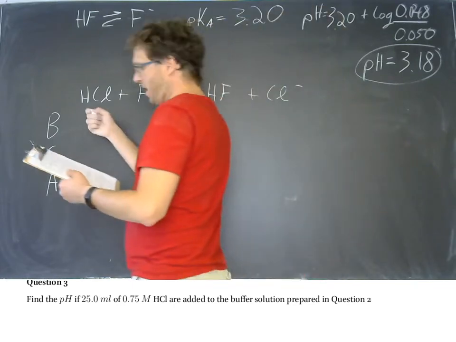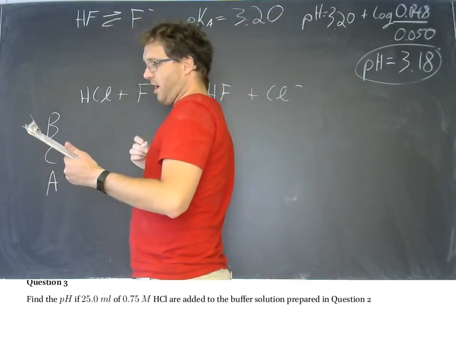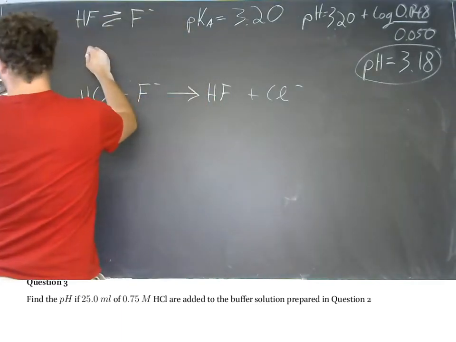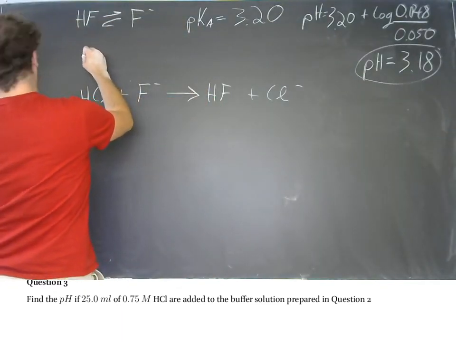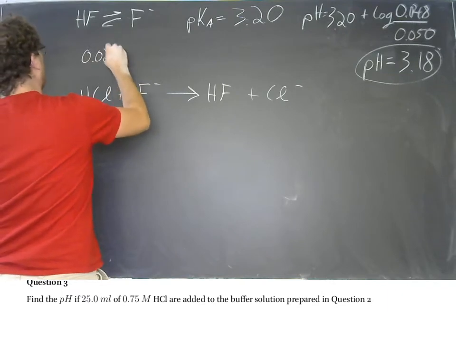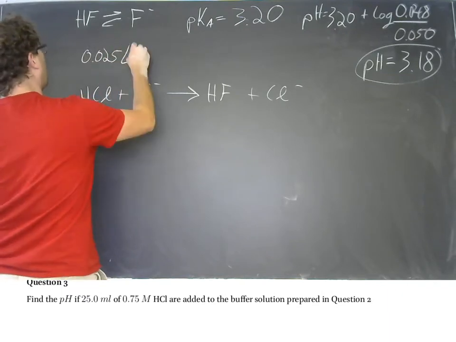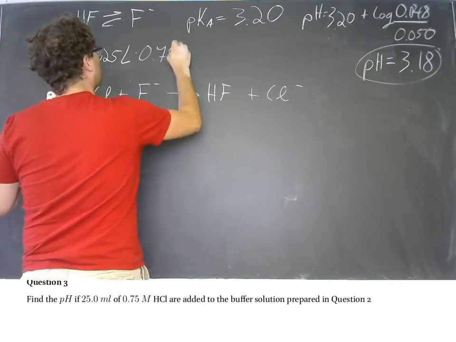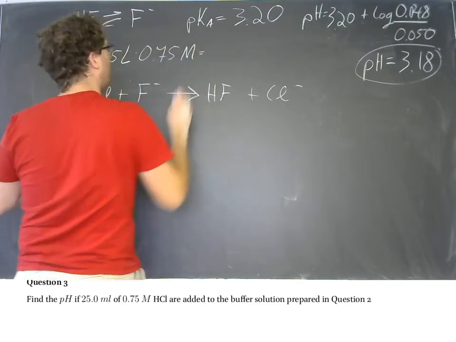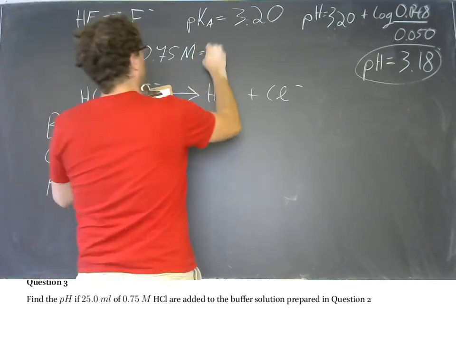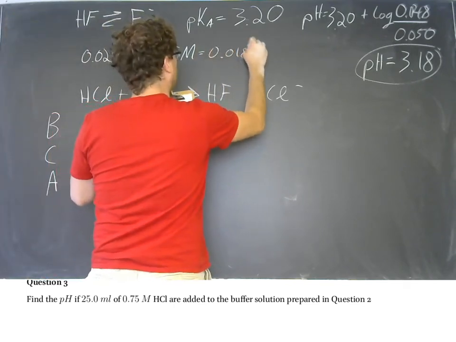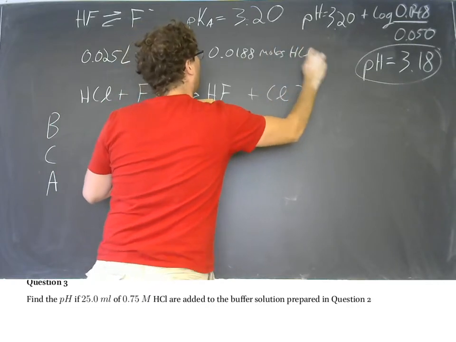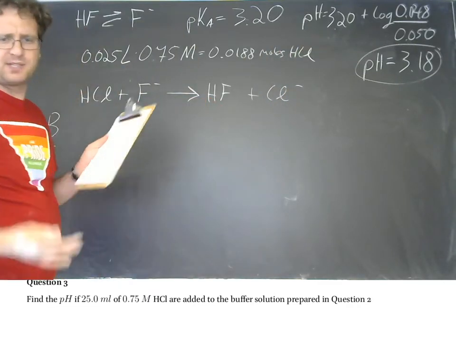How many moles of hydrochloric acid do we have? Well, 0.025 liters of hydrochloric acid times 0.75 molar. That means we have 0.0188 moles of HCl. That's based on the amount that we added.